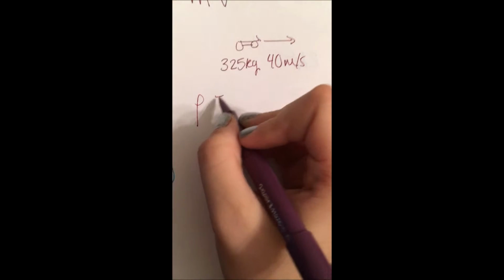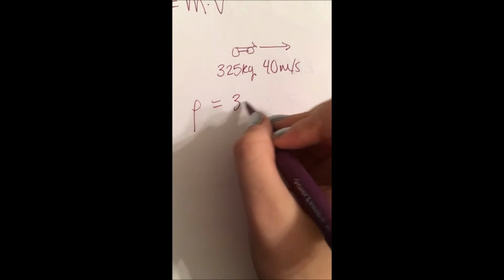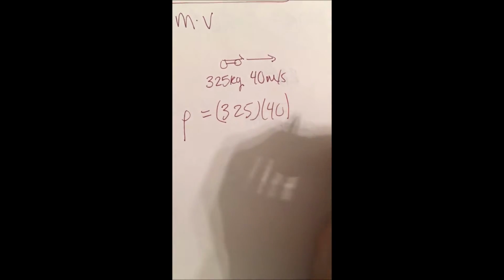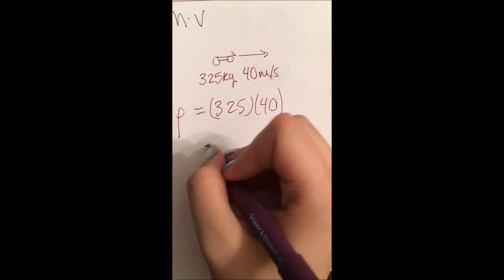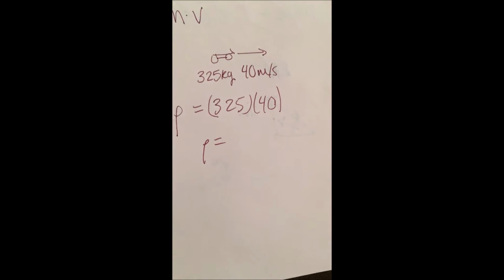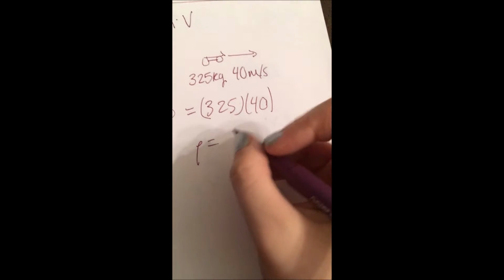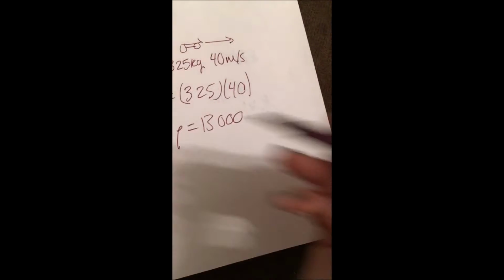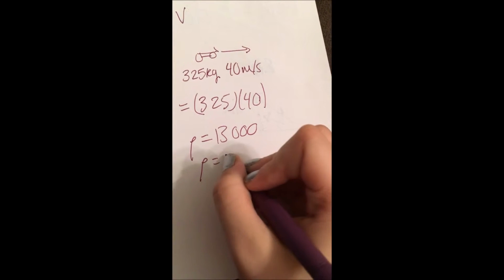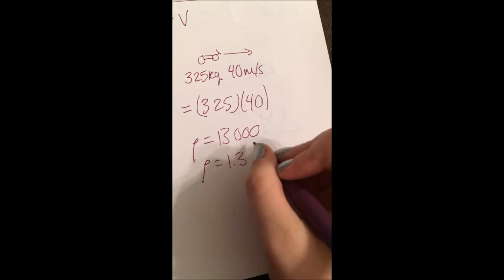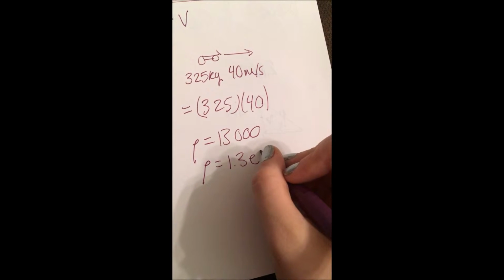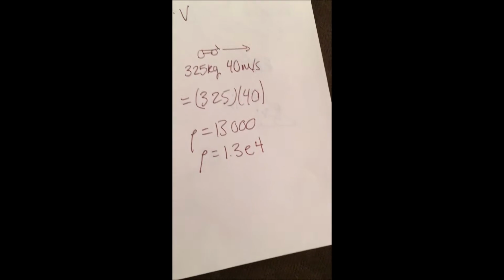Well, we just need to plug it in. It would be 325 times 40. So now let's plug that in. And that would be 13,000, or 1.3 times 10 to the fourth. And there we go.